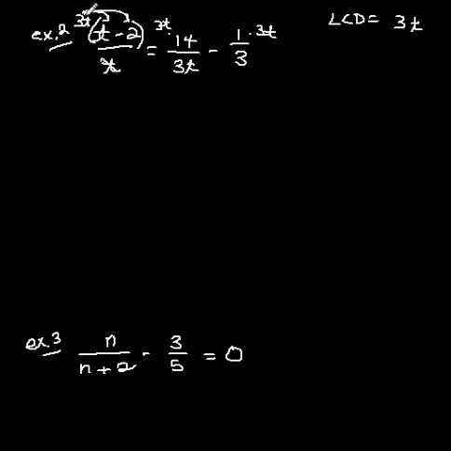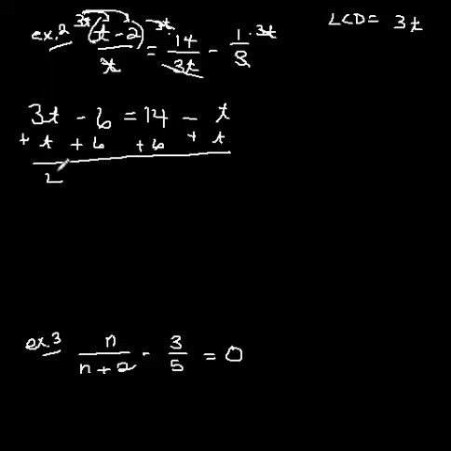So the t's cross out here, so we get 3t minus 6 equals 14 minus t. And we have ourselves a very simple equation once again. So I'm going to add t to both sides and add 6 to both sides.